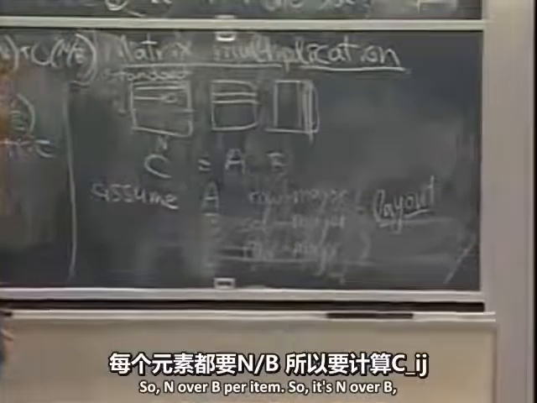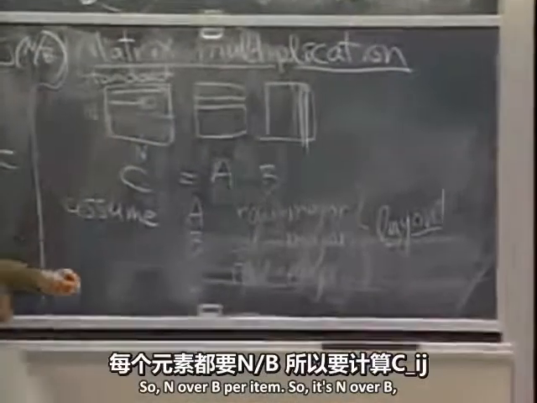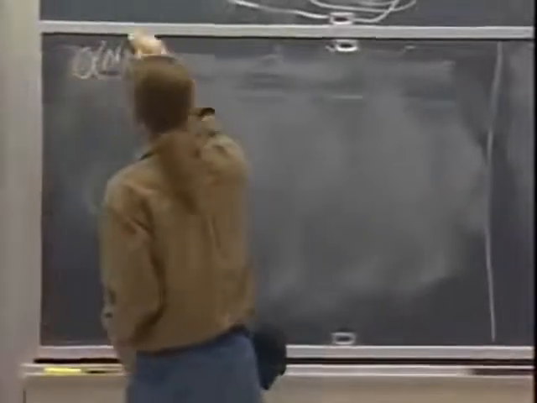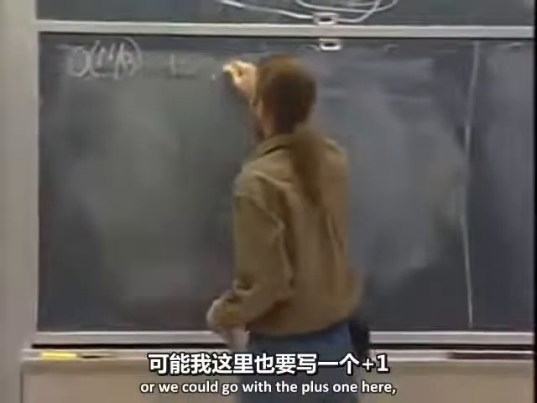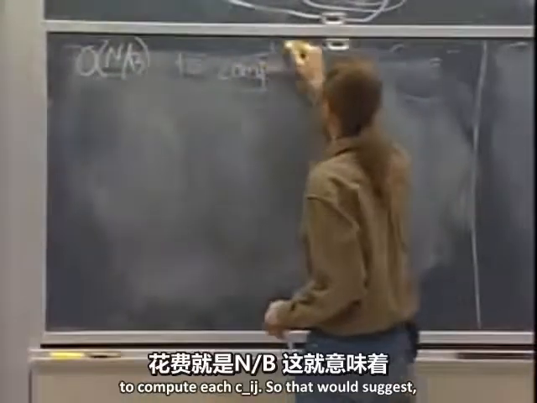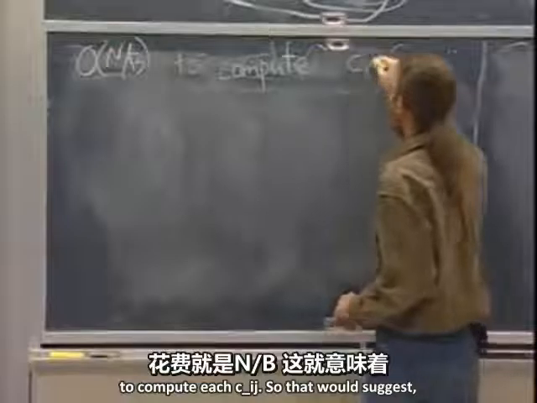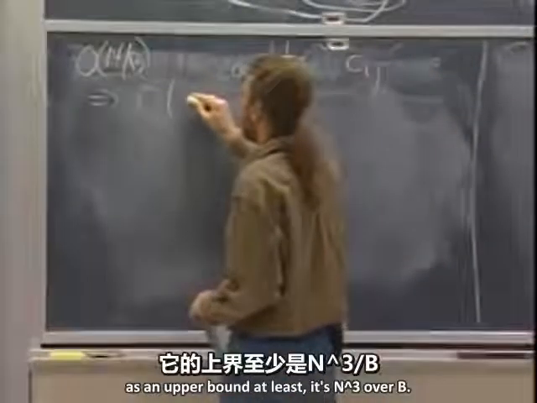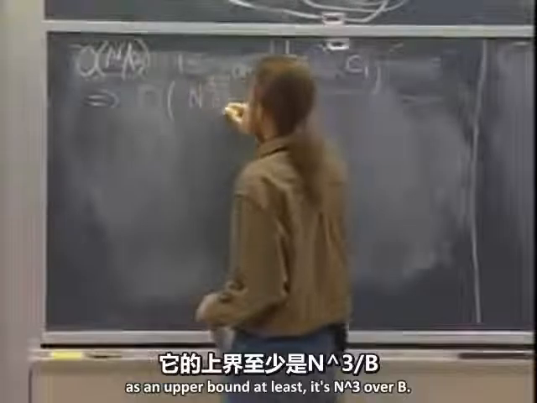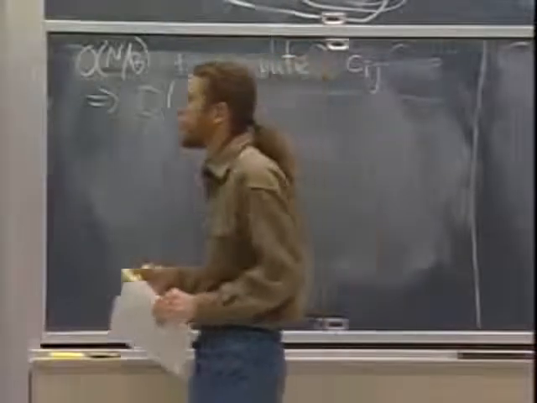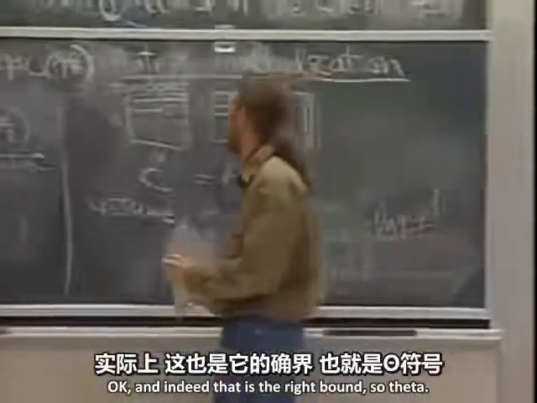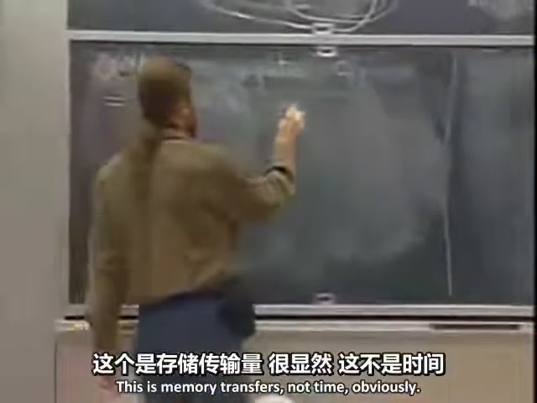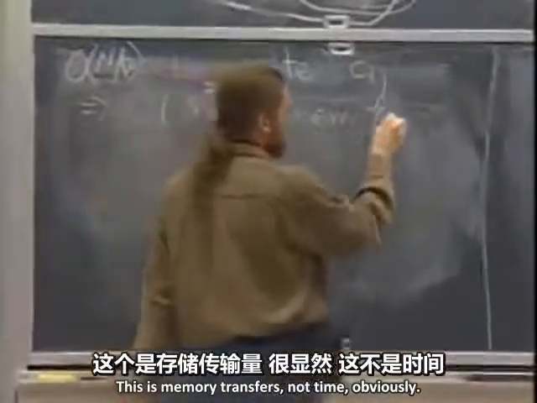So n over B per item, ignoring the plus one, to compute each Cij. So that would suggest, as an upper bound at least, it's n cubed over B. And indeed that is the right bound. It's a theta. This is memory transfers, not time, obviously.